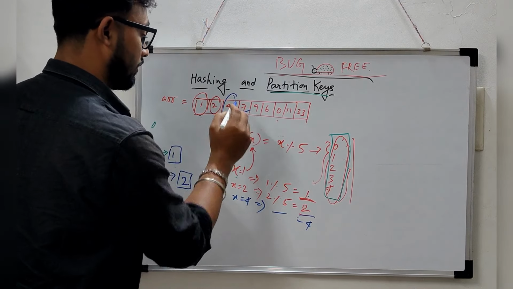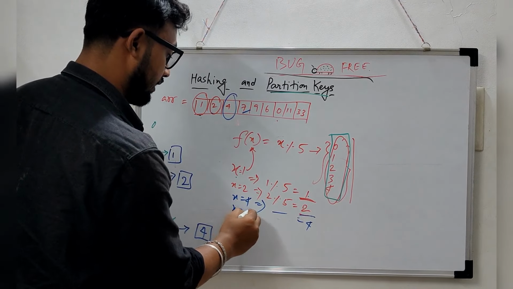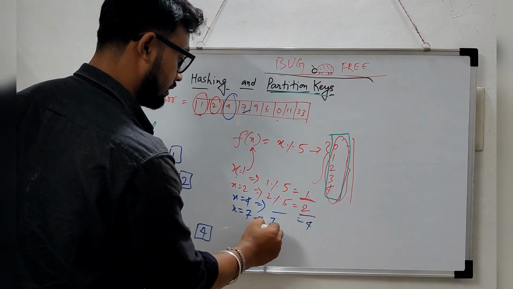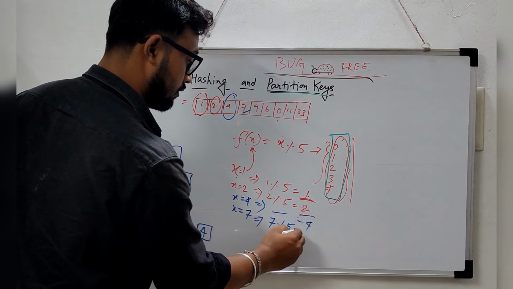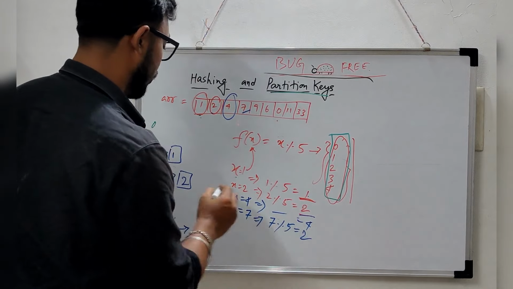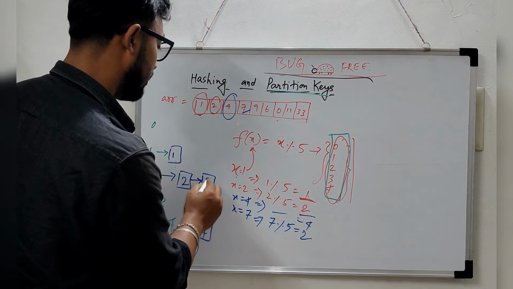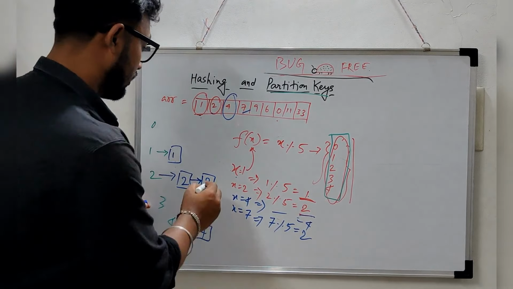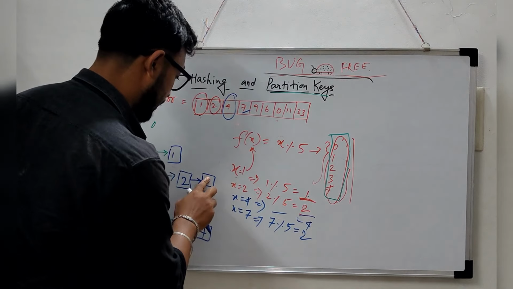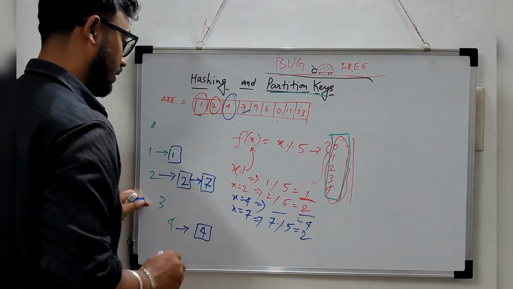When we go for 7, x equals 7. Again, remainder 2. So here it will be happening as number 2. Sorry, my bad. Here it will be 7, right?